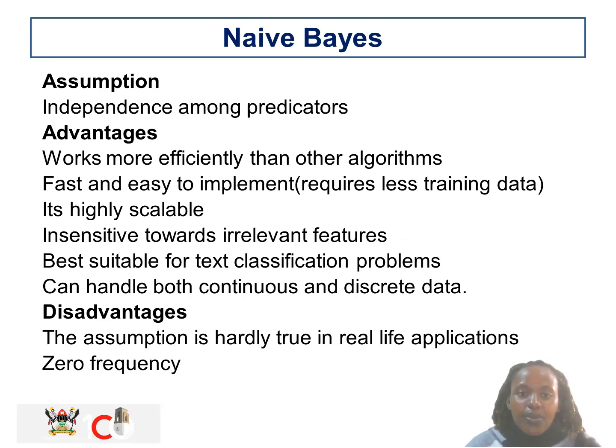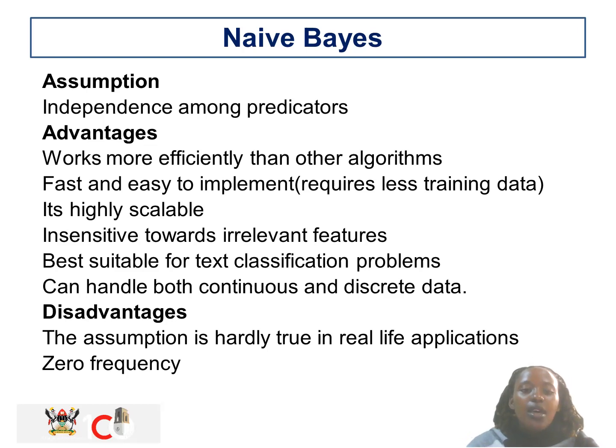It's highly scalable, but sensitive towards irrelevant features, so you have to be careful. It's best suited for text classification problems, as we already talked about. Take an example, taking in the orders: it really helps me classify the types of orders because they come in as text.